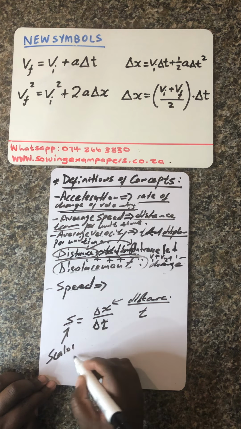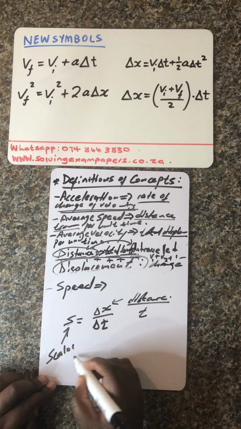When we talk about a vector quantity, which I'm going to explain shortly, that's when you have magnitude and a direction, which could be to the right or eastwards, north, south, or to the left, or whatever the case may be, just so that you are able to differentiate between a scalar and a vector quantity. Very, very much important, ladies and gentlemen.